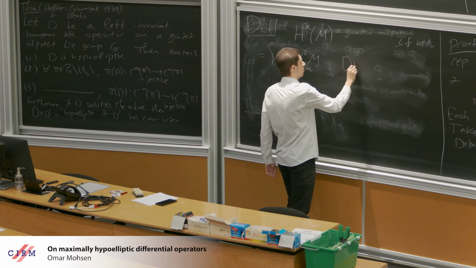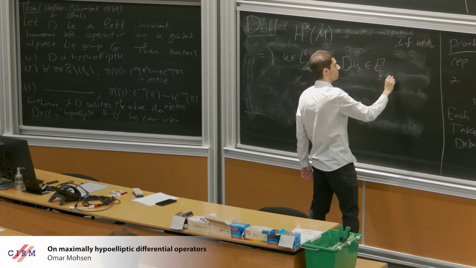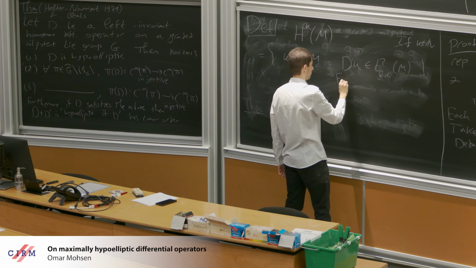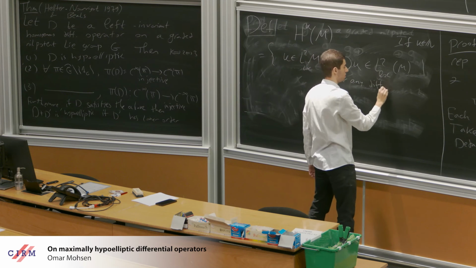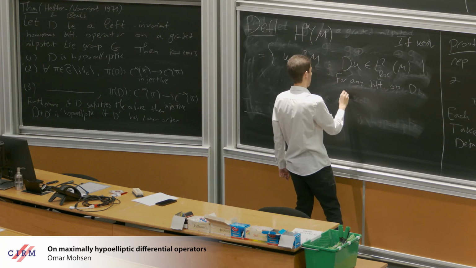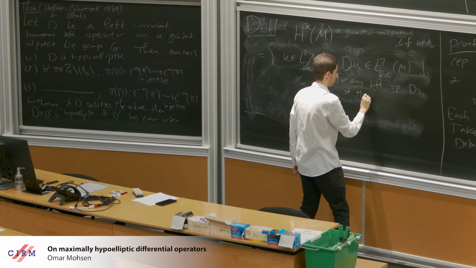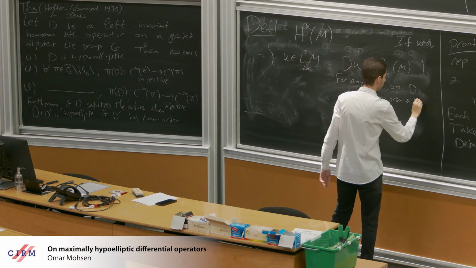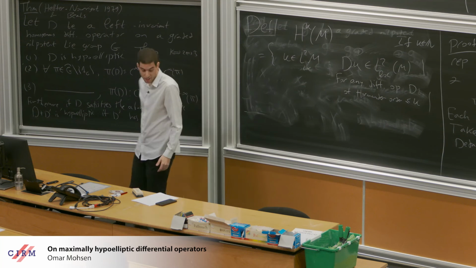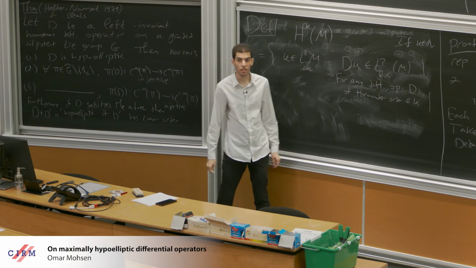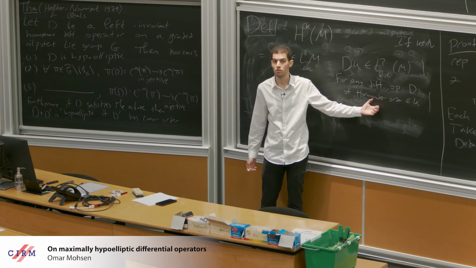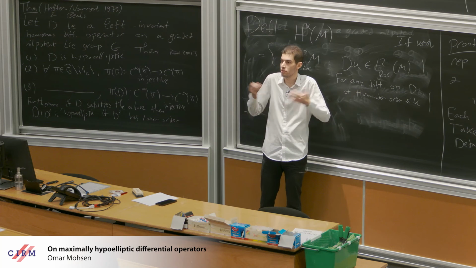Such that Du is in L2 locally of M for any differential operator D of Hormander order less than or equal to K. If you have seen the definition of the classical Sobolev spaces, it's the exact same thing, but you just replace Hormander order with the classical order.